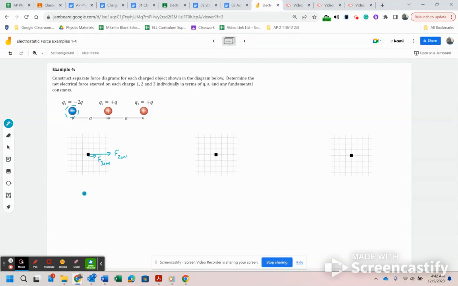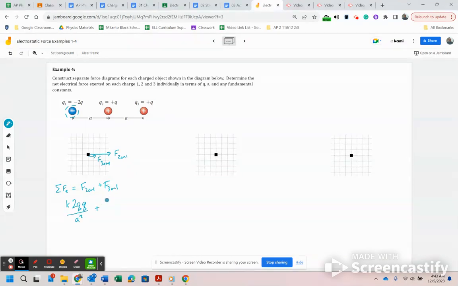Now to find the net electrical force in terms of K, Q, and A, we're going to add the force of 2 on 1 and the force of 3 on 1 together. We're going to have K times 2Q. Remember, all we have to do is take the absolute value because we already assigned our directions up top, times Q over A squared.